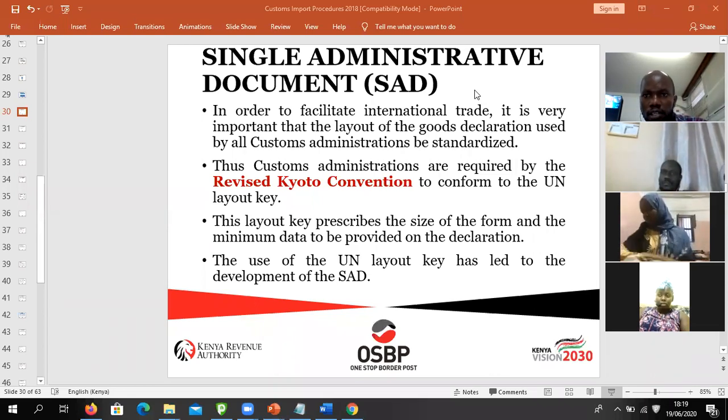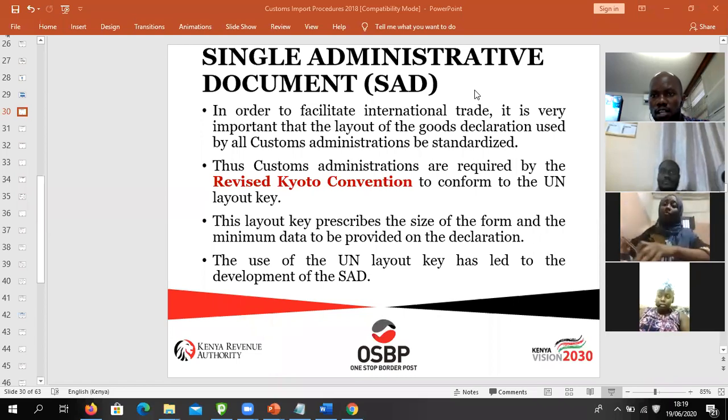Single administrative document. In order to facilitate international trade, it's very important that the layout of goods declaration used by all customs administration be standardized, in that we have a standardized way or format which all declarations should follow.